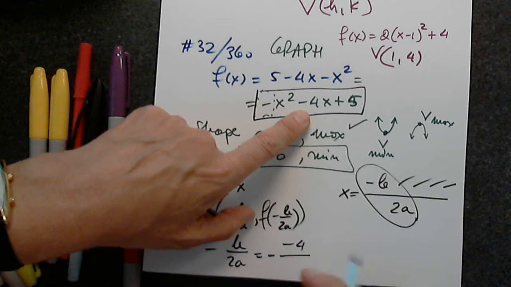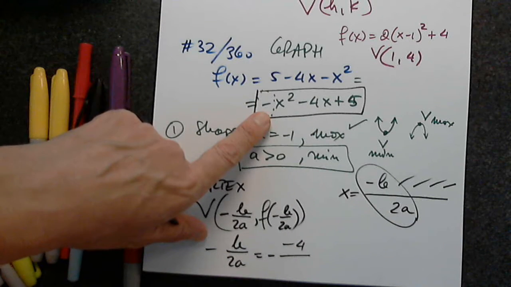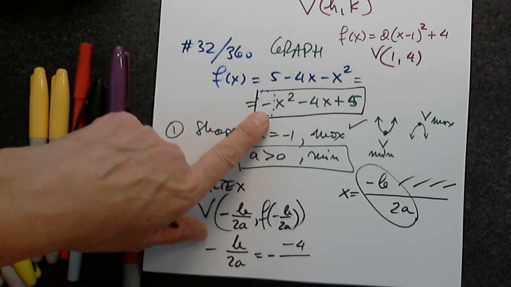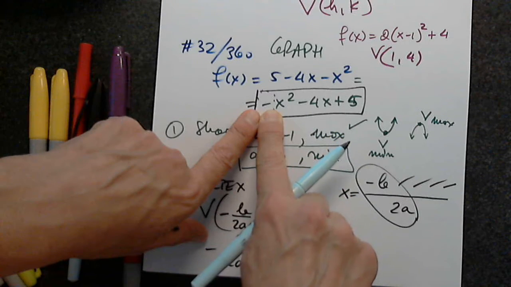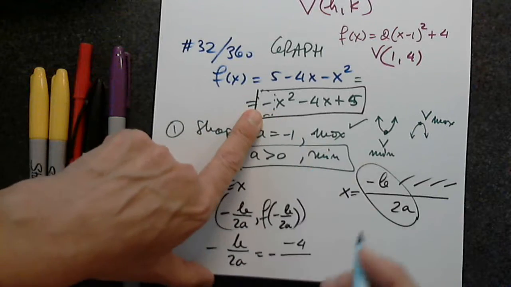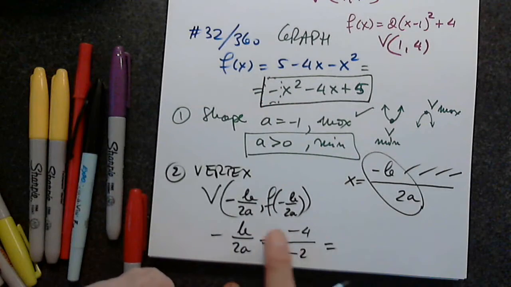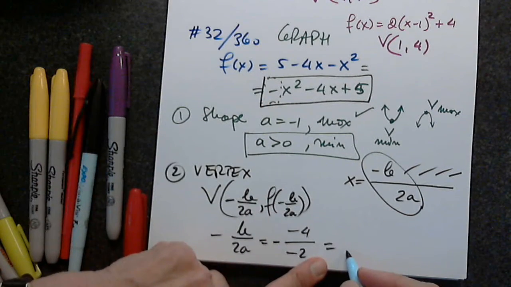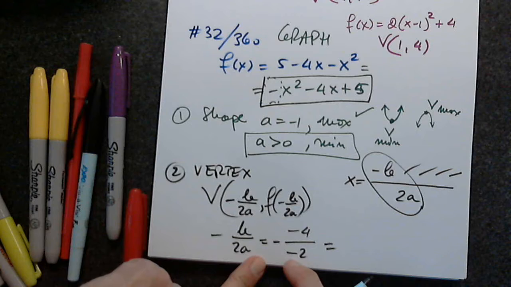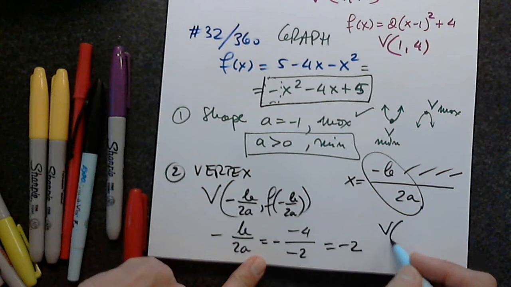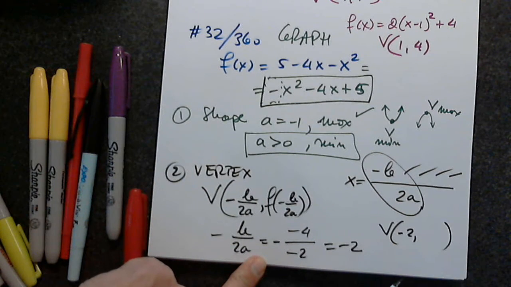Negative 4. 2 times a. Negative 2. There are 3 negatives in here. The answer is negative 2. So the vertex has the x-coordinate negative 2.